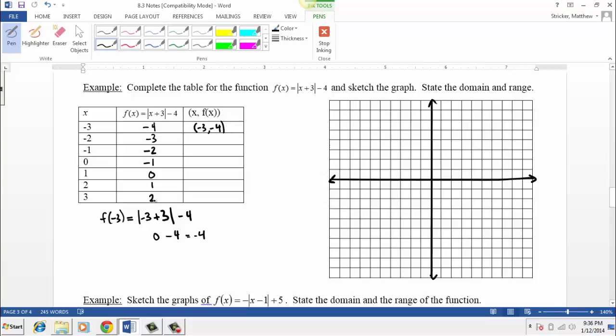Now, notice the problem here is if I start to put these points on, negative 3, negative 4, negative 2, negative 3, negative 1, negative 2, 0, negative 1, 1, 0, 2, 1, 3, 2.